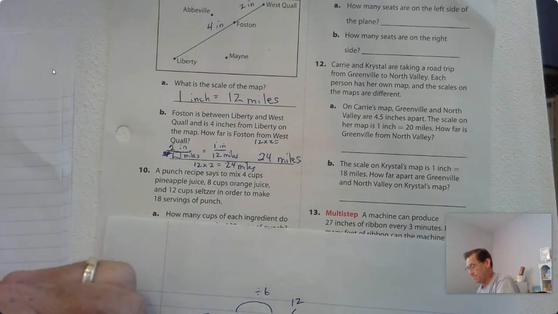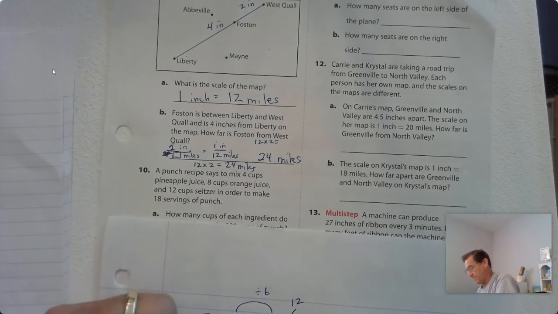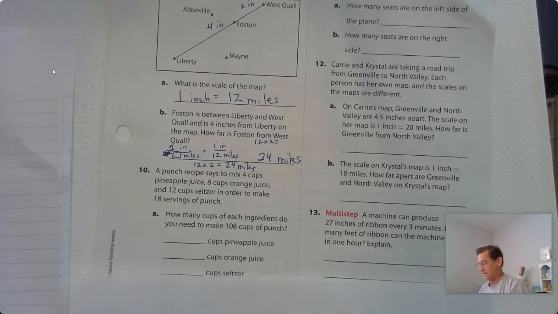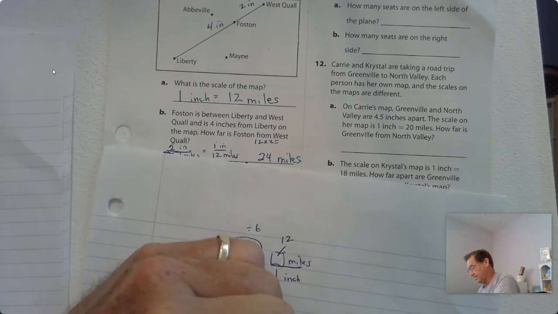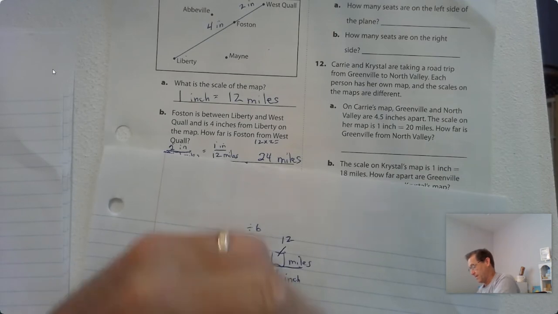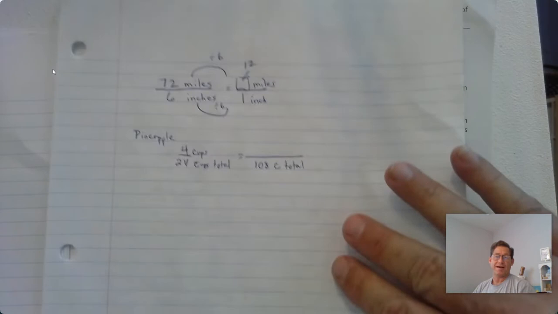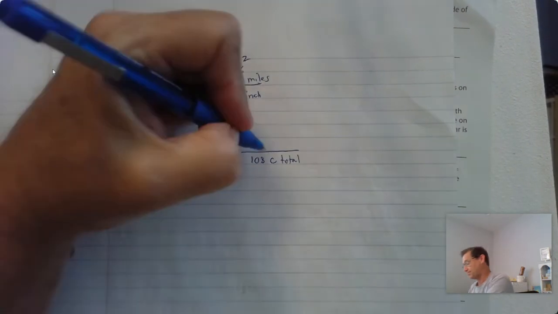So pineapple is 4 cups to 24 cups total. So if I have 108 cups total, how much of that will be pineapple?